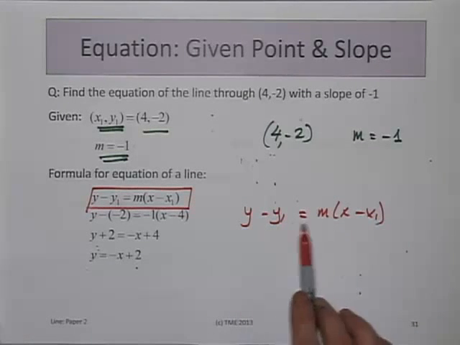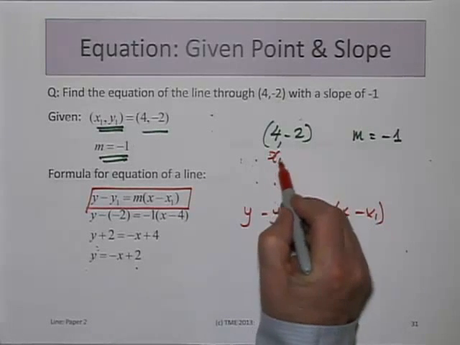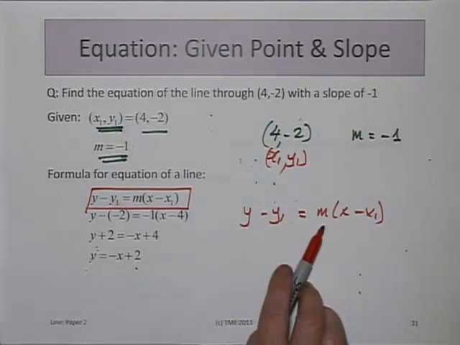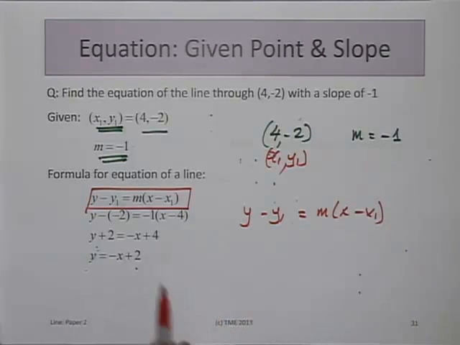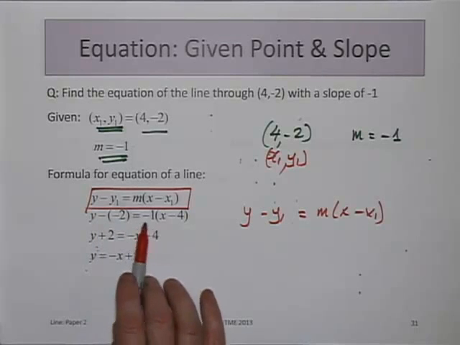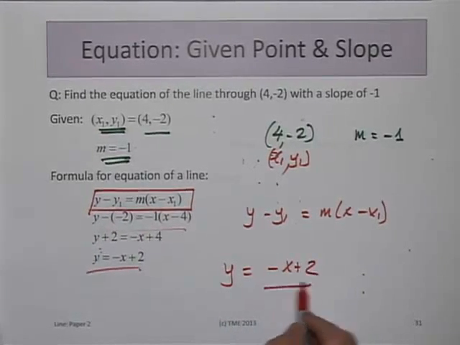Do we know an x1 and a y1? All we need for that is 1 point. So we do. Do we know m? We do. We just plug in numbers then. So we say y minus minus 2 is this, and we get y is equal to minus x plus 2.